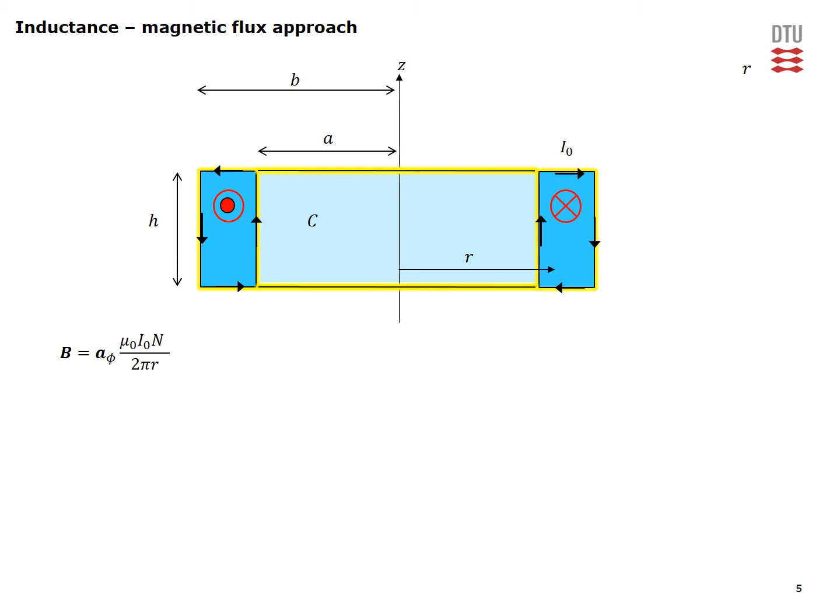Here we have the B field as determined from before, and this is the side view of our toroidal coil, and we can see the B field going out here and going in over here. So this would be the current which will then link the magnetic flux, which is crossing through the entire cross section of our rectangular, you can say, toroidal coil.